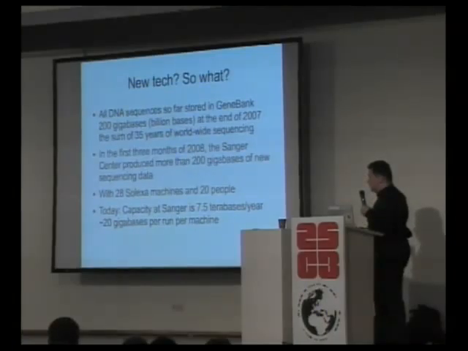And of course, they improved on this, and each machine is churning out 20 gigabases per run now, which is 7.5 terabases or 7,500 gigabases per year. The current output is actually a little more like 9 terabases at the moment, because this was written last month.